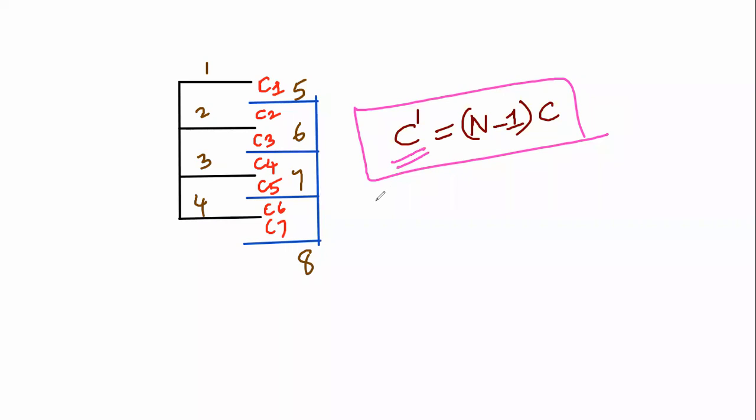So the effective capacitance of the system will be equal to n minus 1 into C.